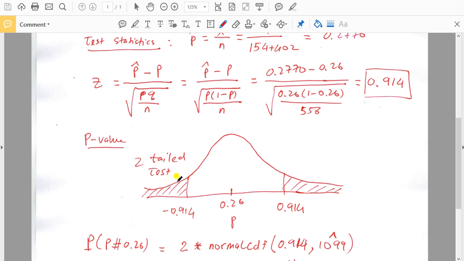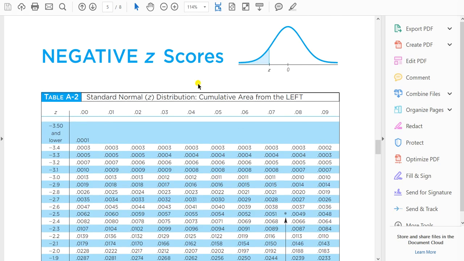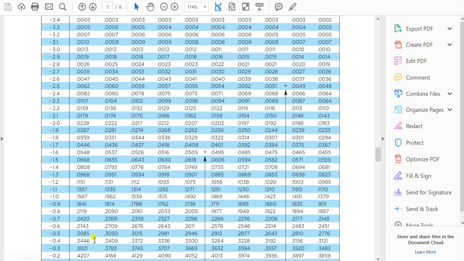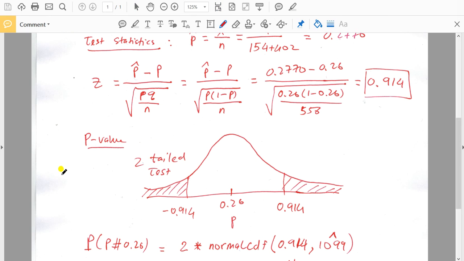So if you just use the table here for the negative z-score, then I take the average of these two, 0.1801.